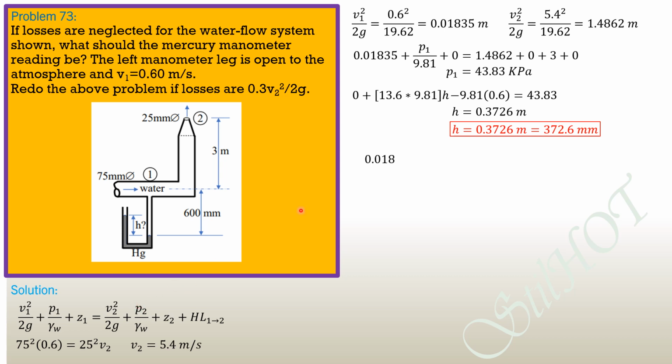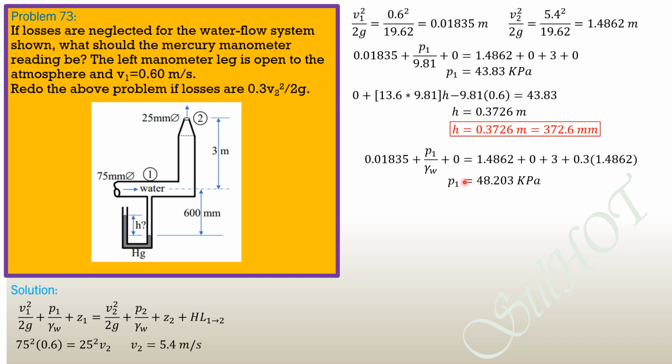So we have 0.01835 plus P1 over specific weight of water plus 0 equals 1.4862 plus pressure head at 2, 0, elevation head 3, then head loss from 1 to 2, which is 0.3 of the velocity head at 2, or 0.3 of 1.4862. So solving for P sub 1, P sub 1 is equal to 48.203 kilopascals.